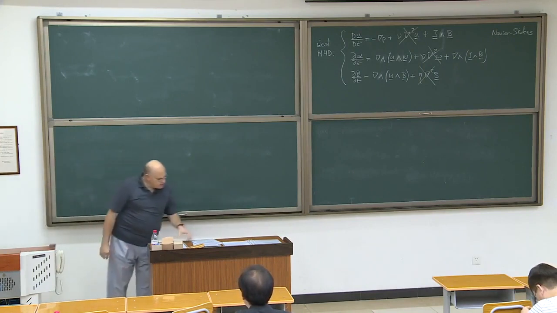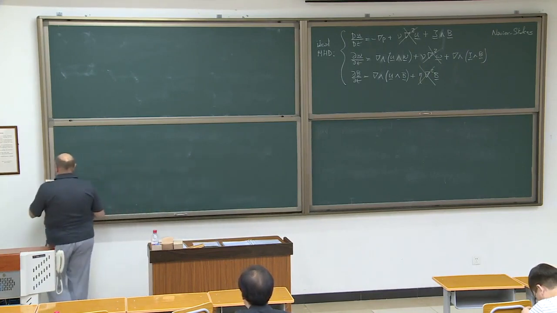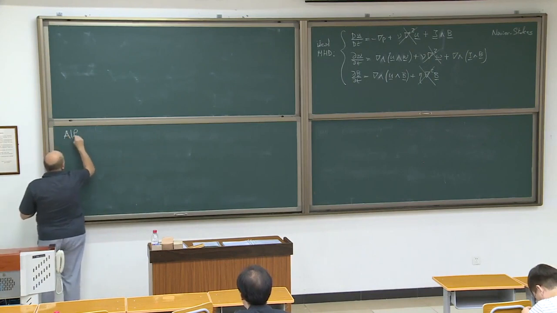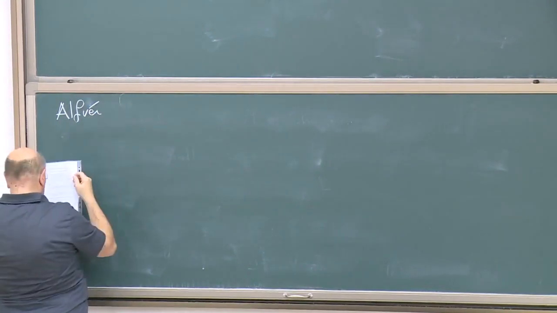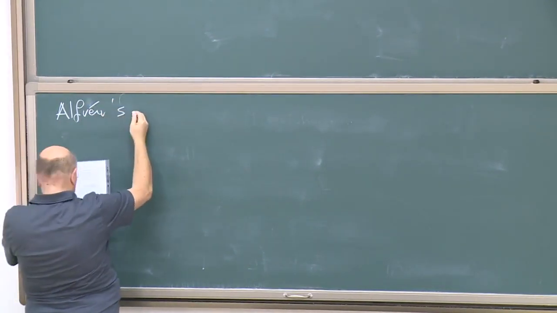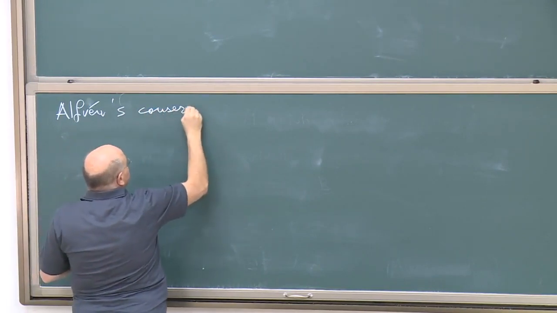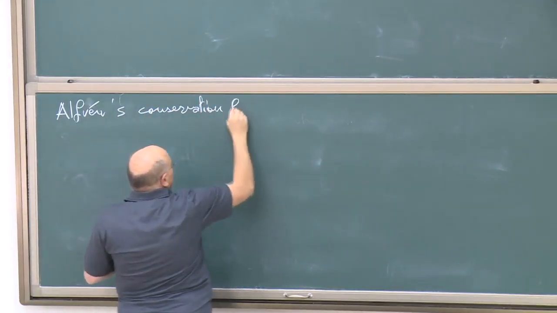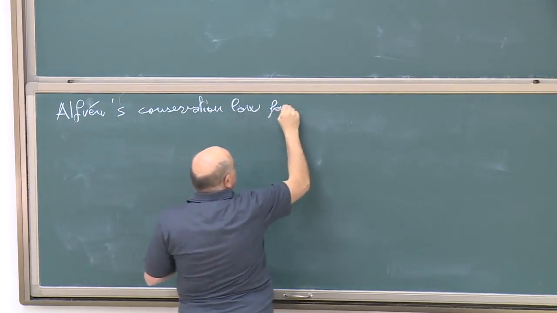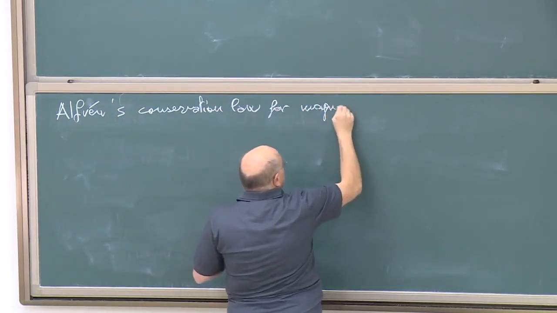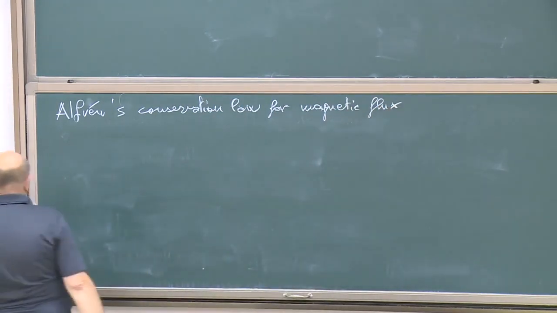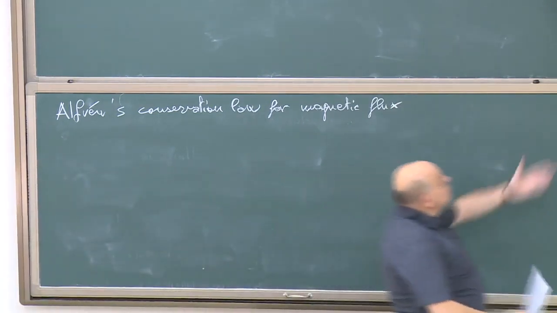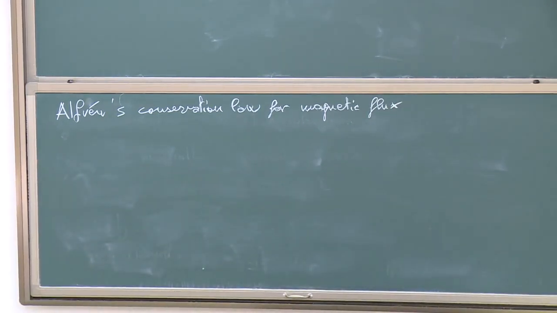So I will prove this conservation of flux: Alfvén's conservation law for magnetic flux. It is evident here, so I didn't say anything, but if you compare these two equations, it's evident.